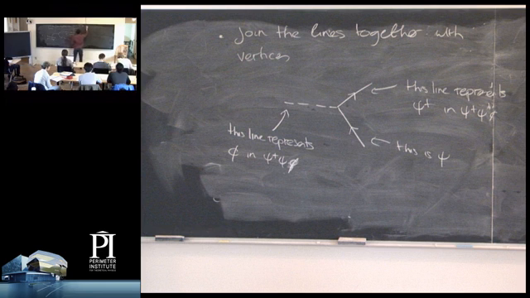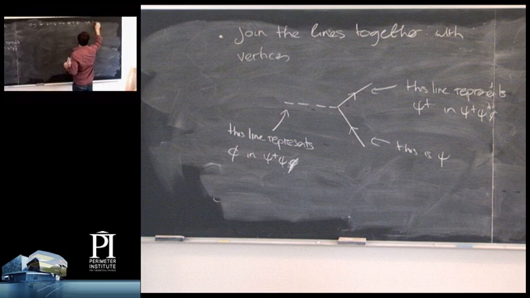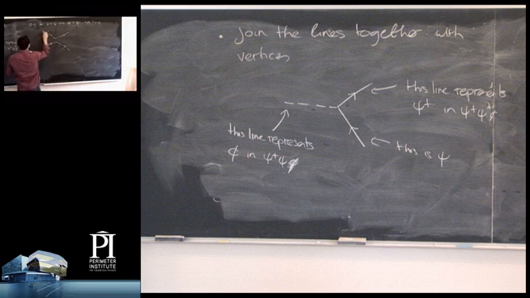So for psi, 2 psi particles go into 2 psi particles. This is 2 incoming psi particles, and this is the 2 outgoing psi particles. Somehow I've got to join all this together. So this is one way I can join it together. I should also label these.